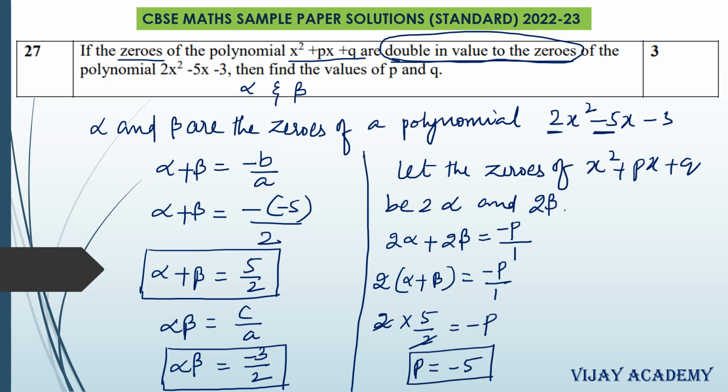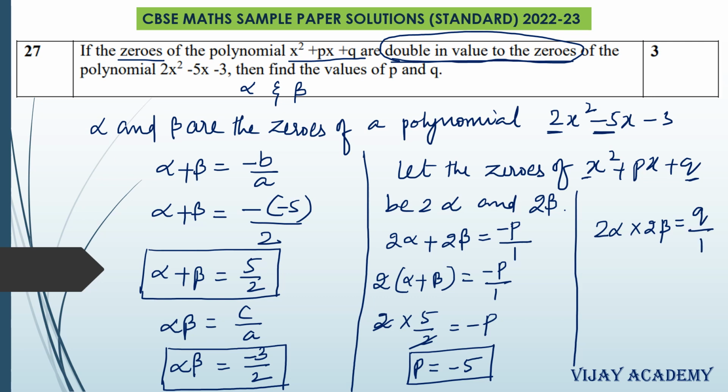And now let us write the product of the zeros. We know that the product of the zeros is c by a. So the zeros 2 alpha into 2 beta is equal to c by a, where c is q and a is 1. So let us write this directly as q by 1.